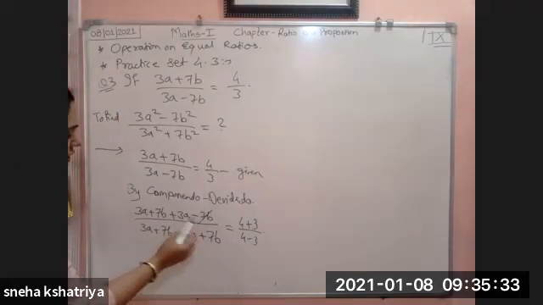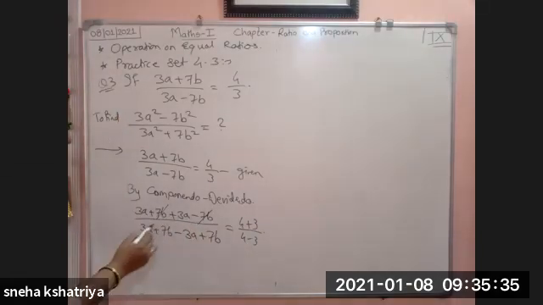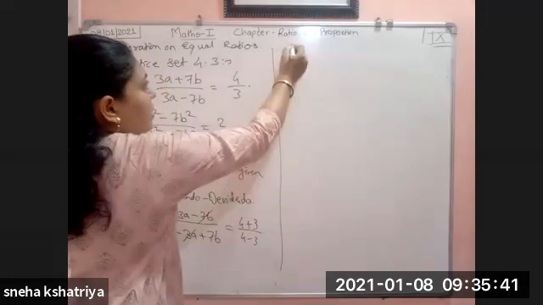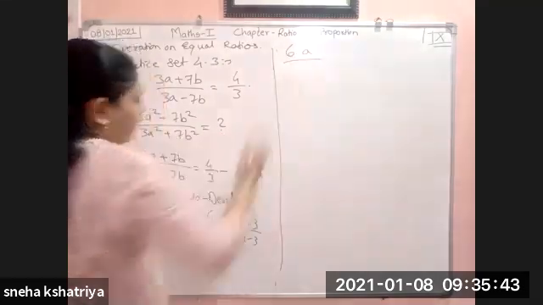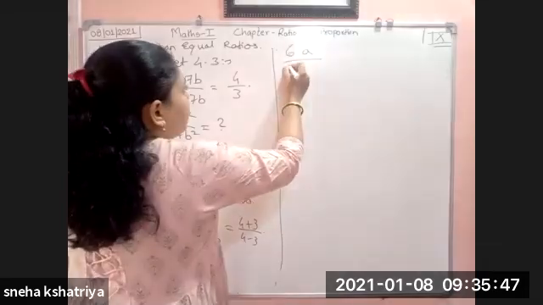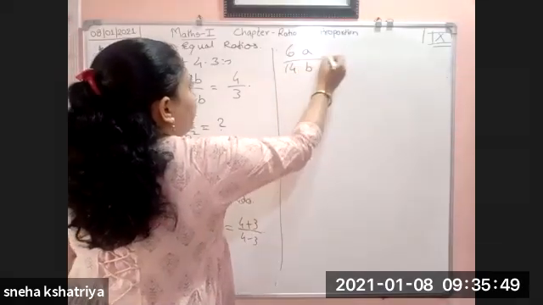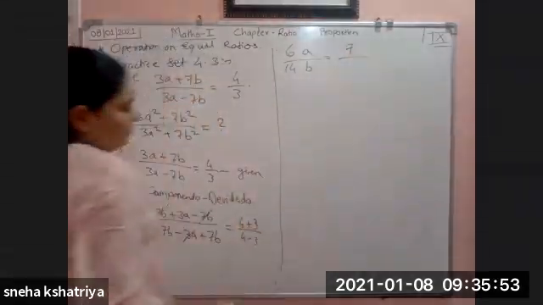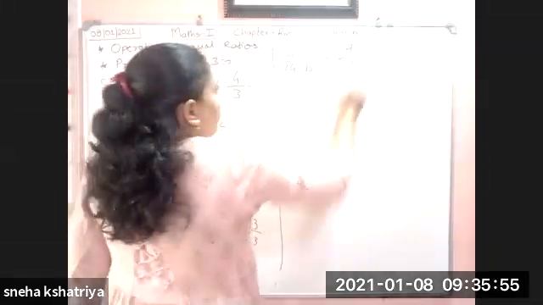See here, minus 7b plus 7b get cancelled, plus 3a minus 3a get cancelled. 3a plus 3a becomes how much? 6a divided by, and here 7b plus 7b becomes how much? 14b, which is equal to 4 plus 3, 7, and 4 minus 3, 1.